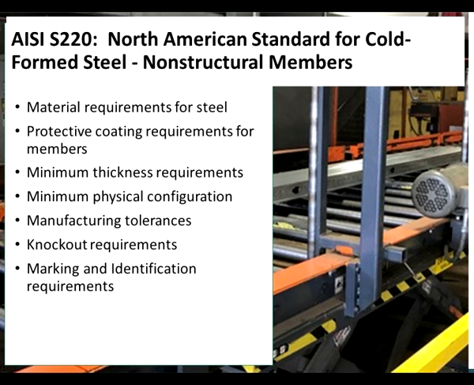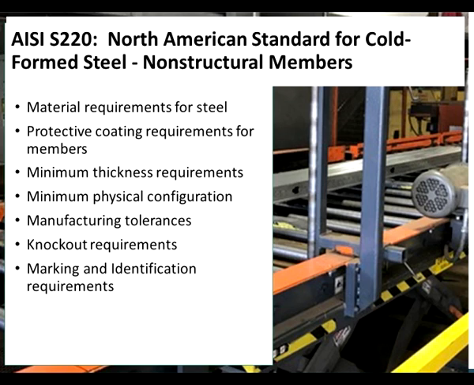So what exactly is AISI S220 and what does it cover? We'll go over the main items in it, but let's start with the title. AISI has a series of standards, and this one is called North American Standard for Cold-Formed Steel Non-Structural Members. These are some of the important items covered in the standard.